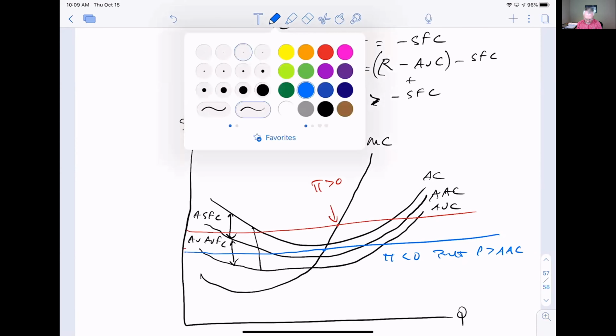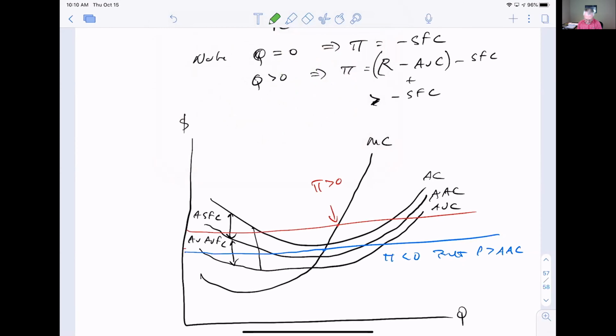And at a price, say at this point here, profits are negative. Price is less than average avoidable cost, so the firm will choose Q equal to 0. And its profits will be the negative of its sunk fixed cost.